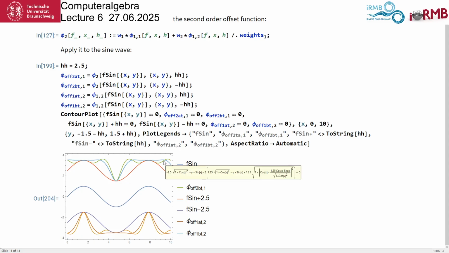Now you can argue whether this has given you actually an improvement. Okay, we need to be careful with what we call an improvement, because now this function has supposedly a better convergence.